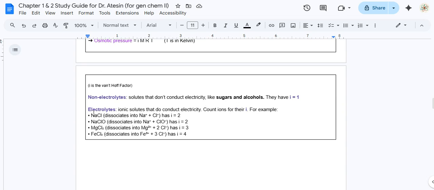For example, NaCl dissociates into that and that, so it has an i of 2. This dissociates into that and that, so it has an i of 2 as well. MgCl2 dissociates into that and two of these, so it has an i of 3, and this dissociates into this and three of these, so it has an i of 4.